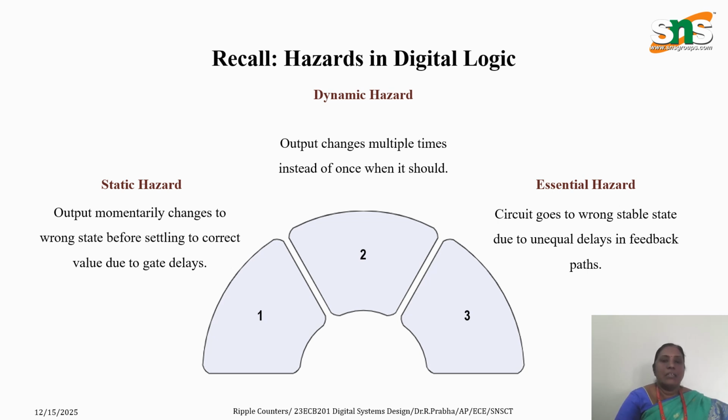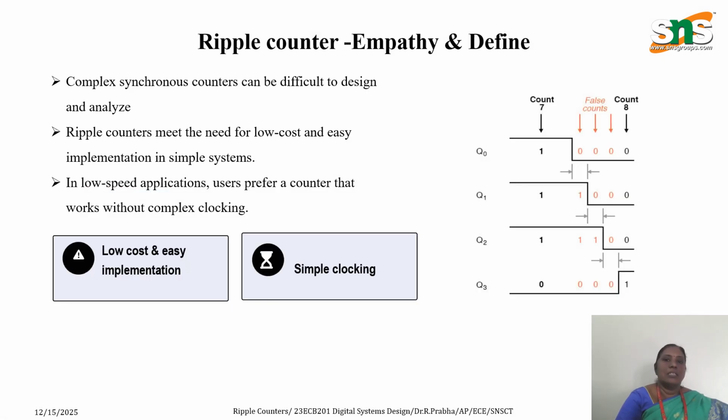In static hazard, the output momentarily changes to wrong state before settling to correct state, and in dynamic hazard the output changes multiple times instead of once, and the essential hazard is due to the unequal delays in the feedback path. So these are the different types of hazards in digital logic circuits.